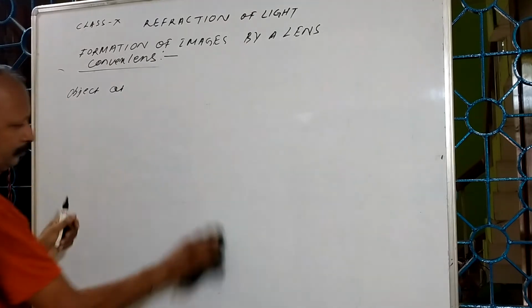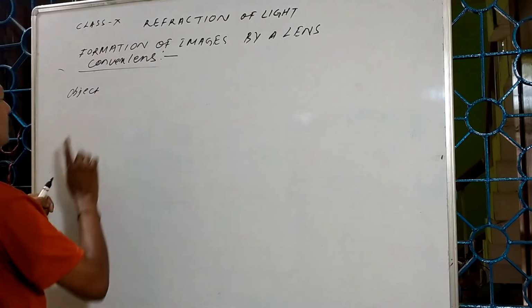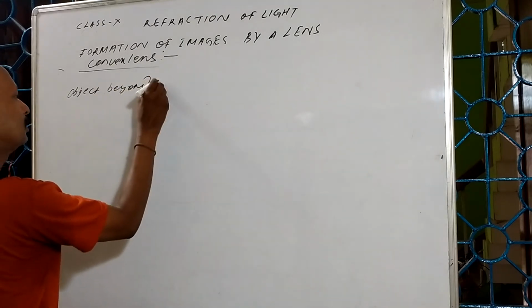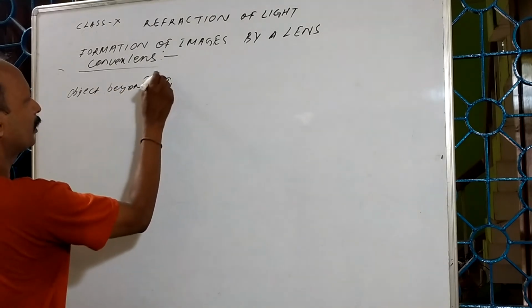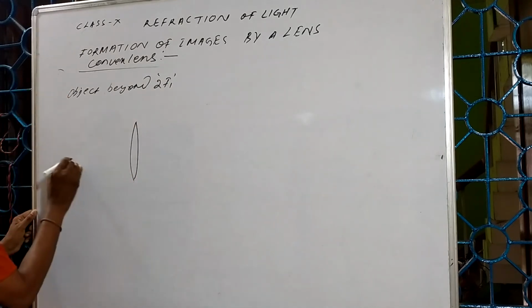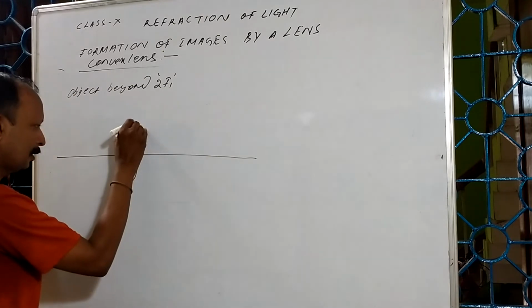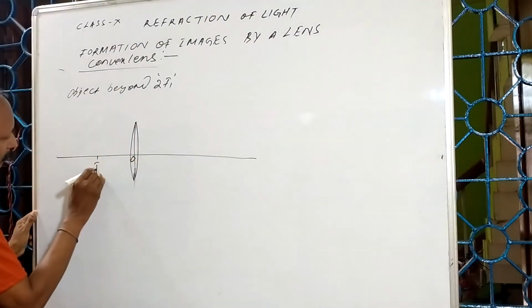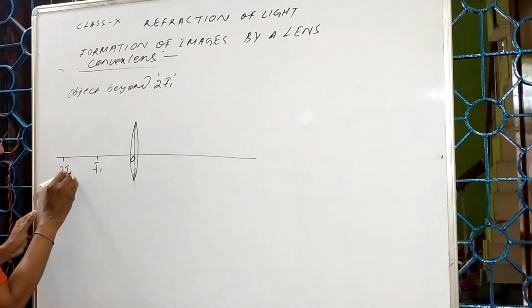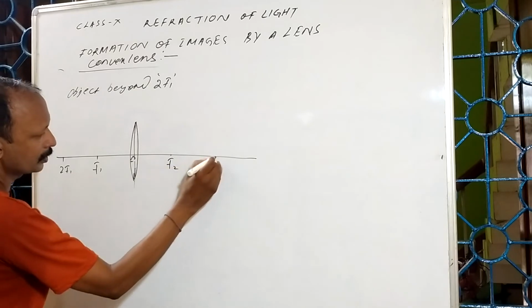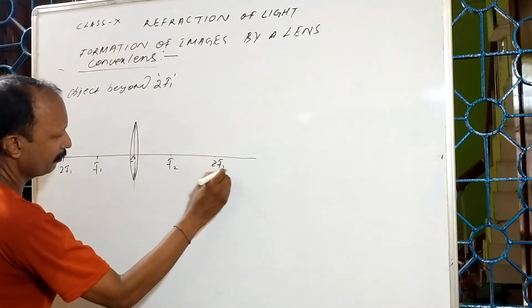Next one, object beyond 2f1. This is the convex lens, principal axis, plane of the lens, optic center, f1, and from here to here an equal distance f2, this is 2f2.